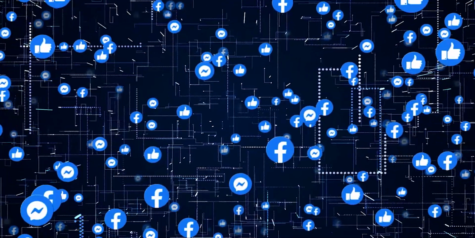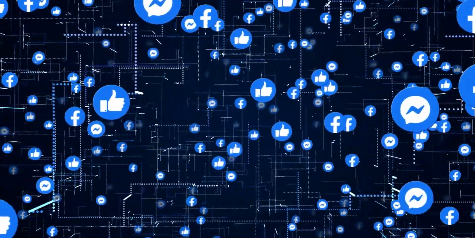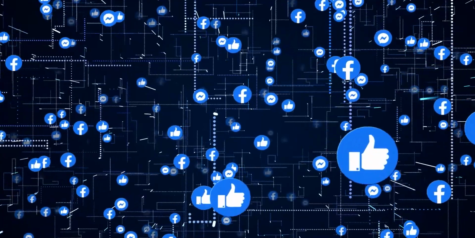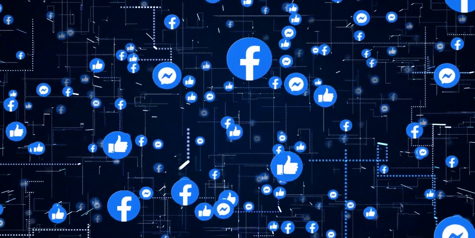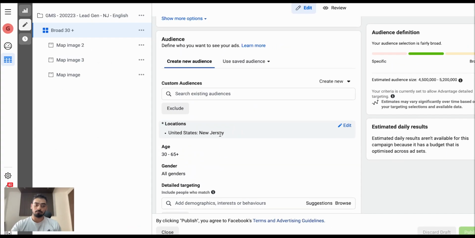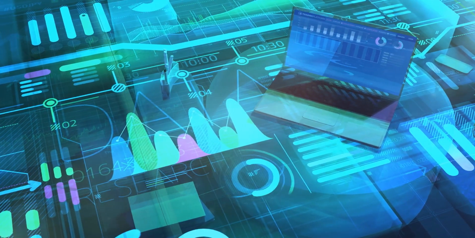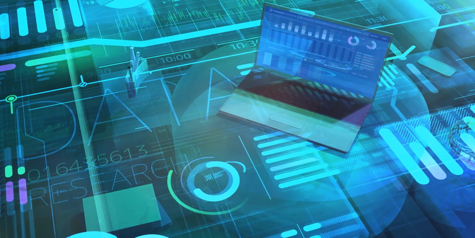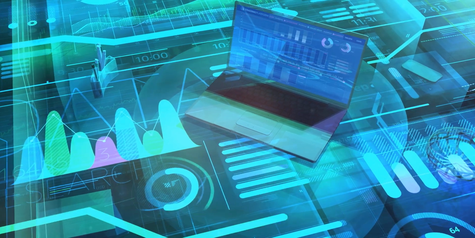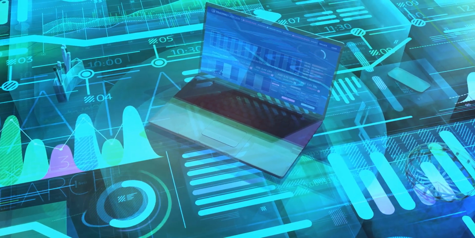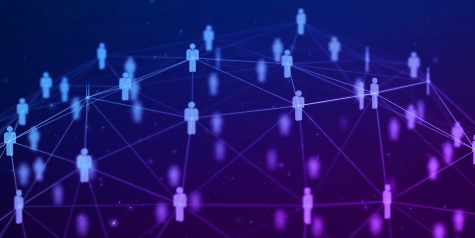And you might ask why broad works better, because Facebook is a really powerful AI, right? And you have to understand that Facebook knows better than you and me. So if you use broad targeting, Facebook will spend some money to learn about your audience. Once it has the data, it knows what type of campaign you are running, what type of people you are targeting, then Facebook will target those people by default.